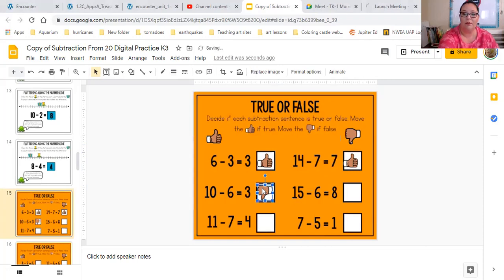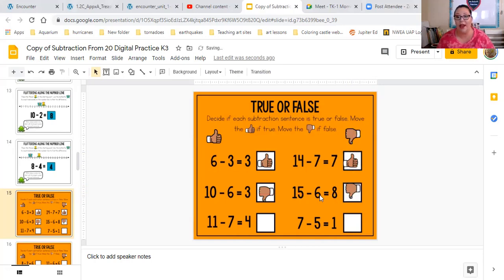Oh, we'll make that fit in the box a little better. All right. 15 minus 6 equals 8. I don't know. I think that should be a 9. Do you agree or disagree? Well, I hope that you would agree because that equation is false.